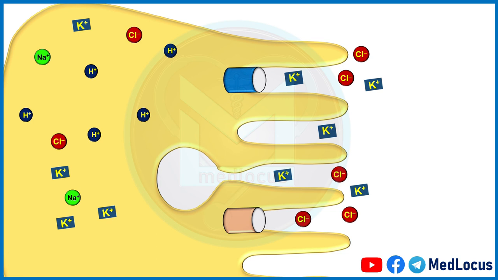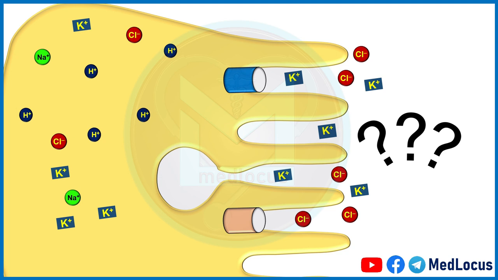Now, the increased amount of potassium is pumped back into the cell from the canaliculus by the proton pump, or H+/K+ ATPase pump, of the apical membrane. But before we talk about the mechanism of these proton pumps, let us first discuss how they come to the apical membrane.